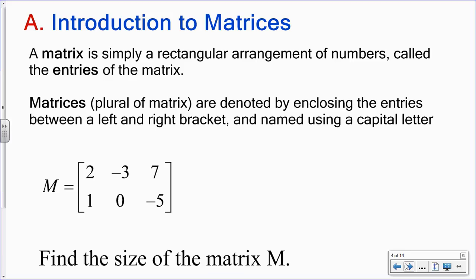Matrices will be enclosed by brackets, and they're named using a capital letter. So when we talk about matrices, we'll describe them like this is matrix M or matrix A, matrix B. When we write it down, we'll use capital letters.